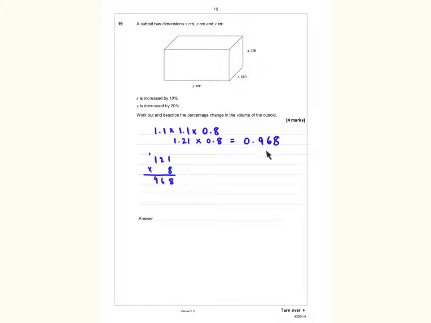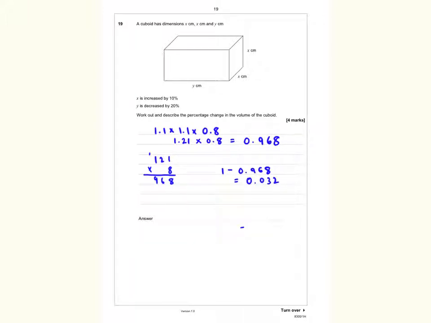And to find that percentage decrease, well, I can say 1 take away 0.968, so I can write down 1 take away 0.968, and that will give me 0.032.